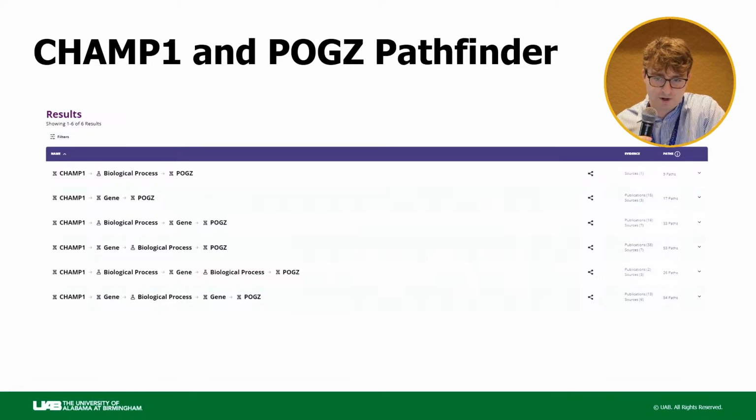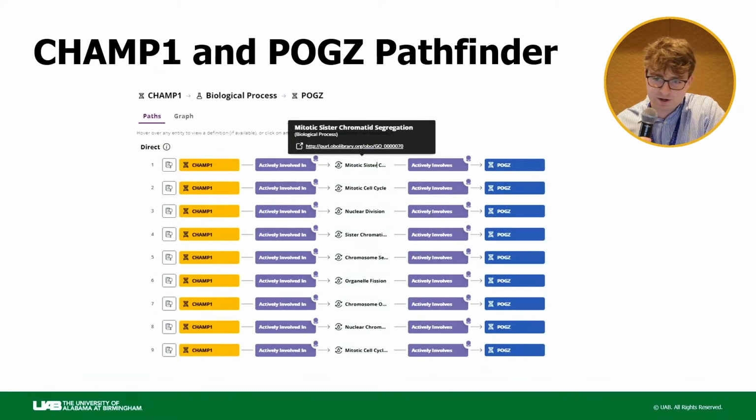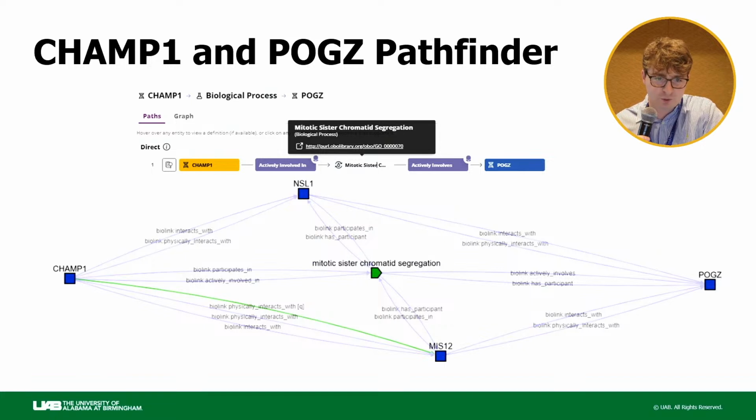So just picking one, like mitotic cystic repair on the top here, we can see that CHAMP1 is involved in this, and so is POGZ. And then looking a little bit closer, this is what the AI is drawing between CHAMP1, POGZ, and the relationships that it draws.